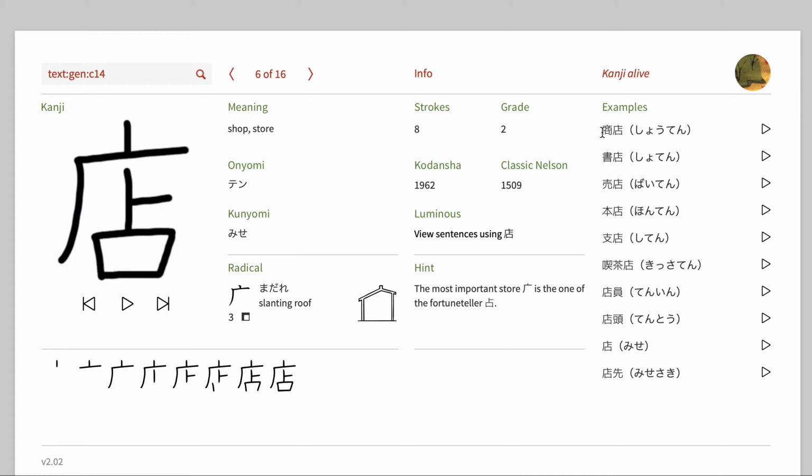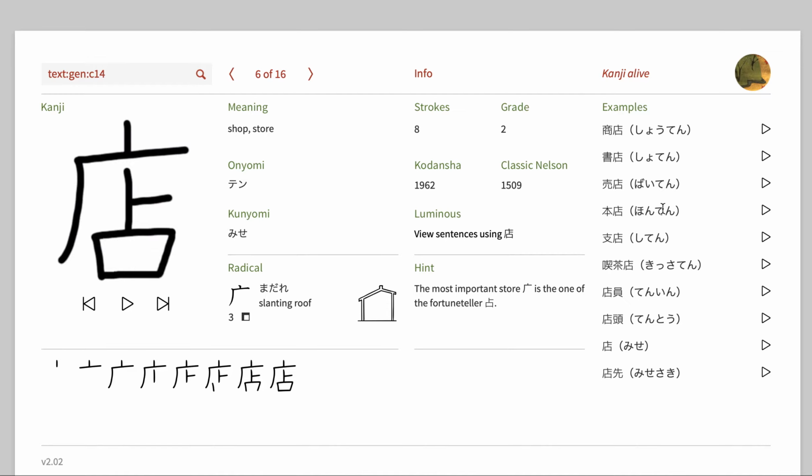So a shoten is a shop, a little bit old-fashioned word for shop, with a short vowel. Shoten is a little bit old-fashioned word for bookstore. Baiten is a stand, as in a very simple store, like the kind you might find on a train platform.